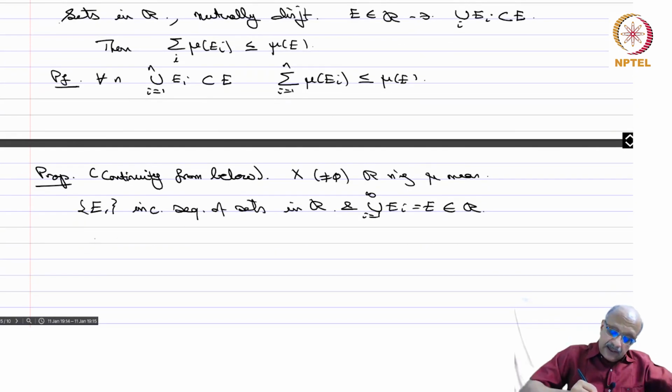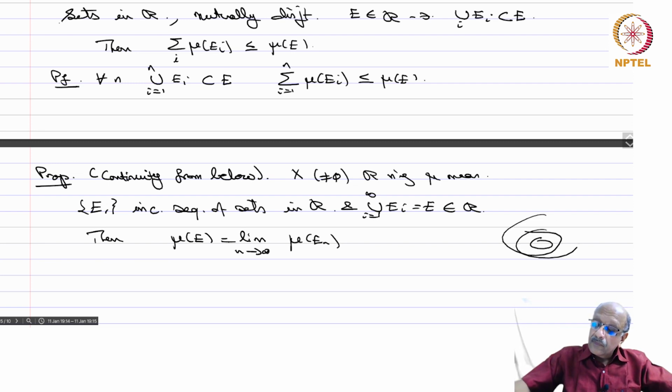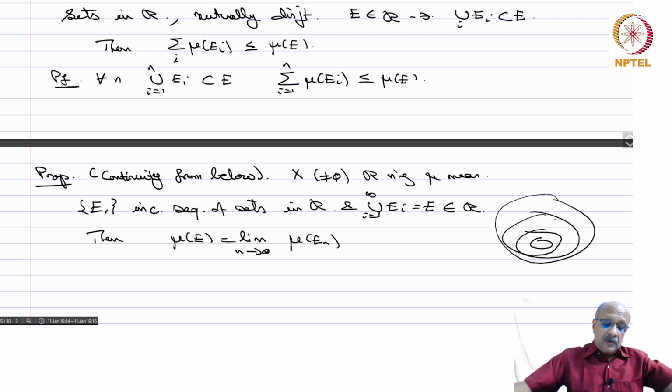Otherwise, then mu of E is the limit as n tends to infinity of mu of E_n. So if you have an increasing sequence of sets and you take the union, then the measure of the union is nothing but the limit of the measures of these sets.